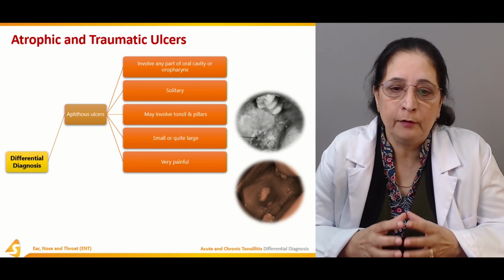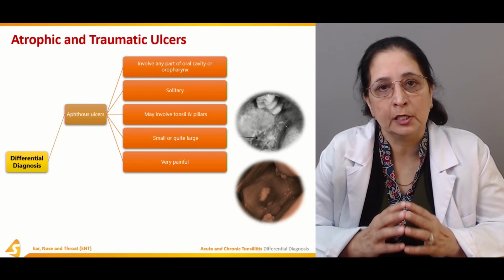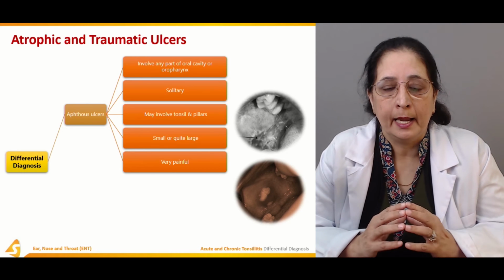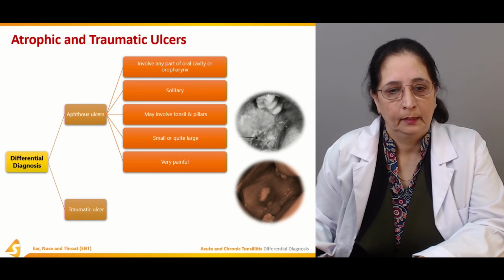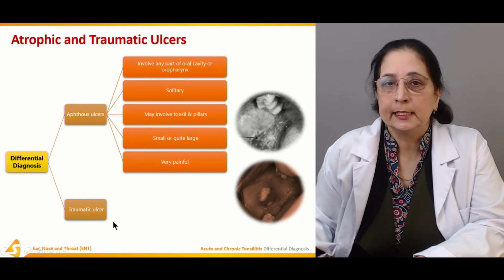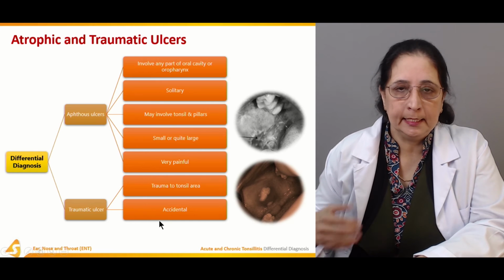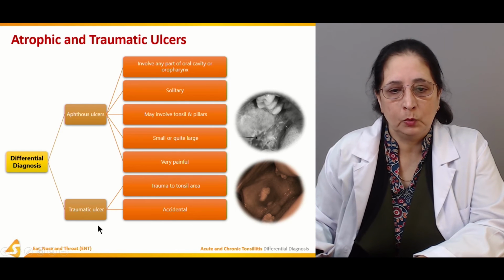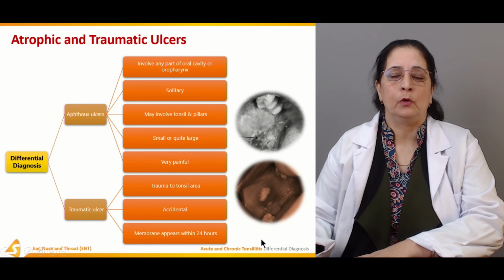They are very painful and they lead to ulcer formation, which are solitary ulcers, and they can be small or very large. The other is traumatic ulcer due to trauma, which any accident or injury can lead to, and a membrane appears within 24 hours.